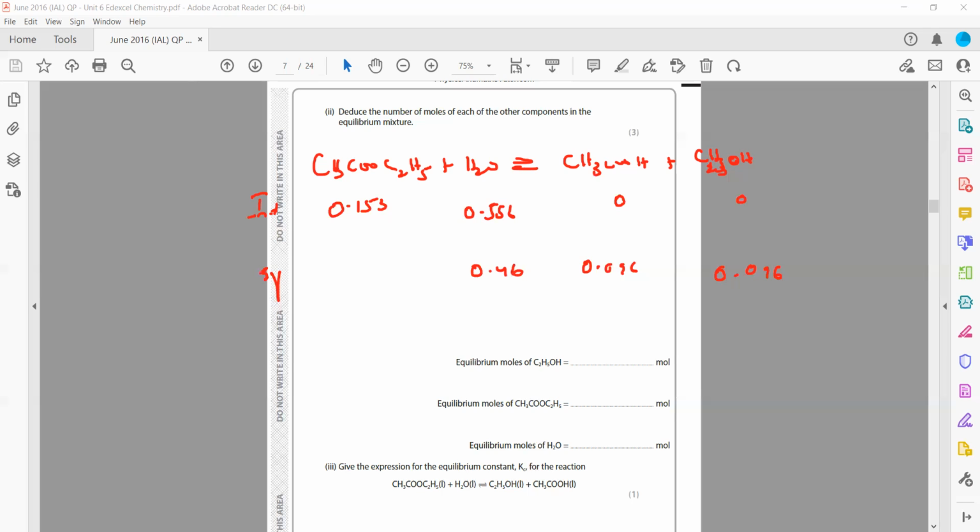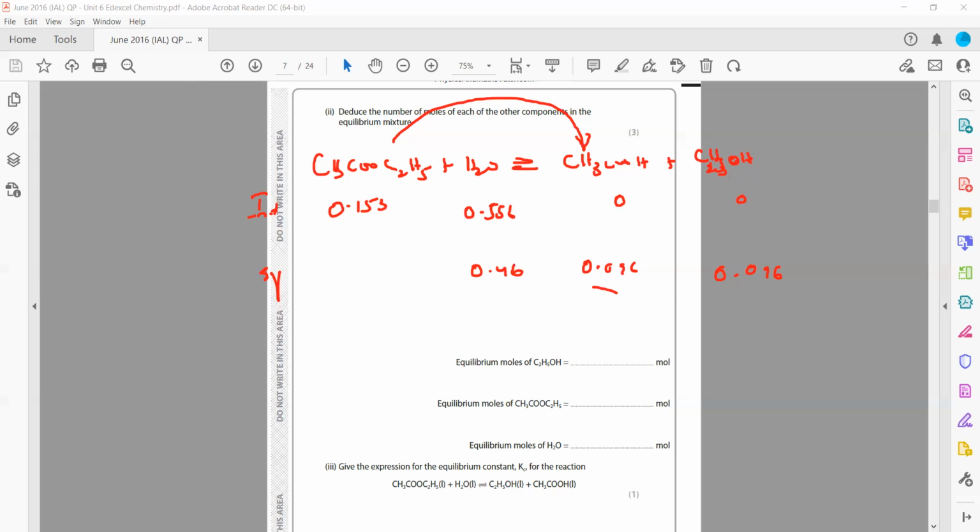And the number of moles of ethyl ethanoate is 0.153 minus 0.096, because 1:1 is the ratio. So if 0.096 moles of ethanoic acid is produced, the same number of moles of ester will be used up. We are not finding how many are used up, we are finding how many are left at equilibrium.